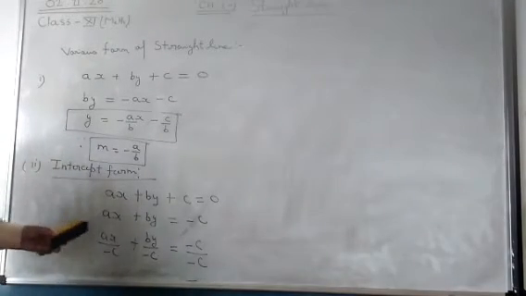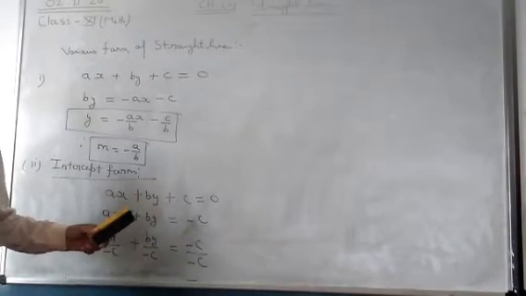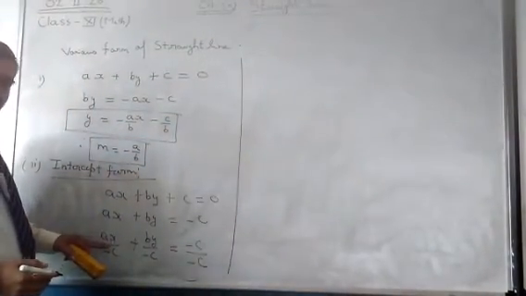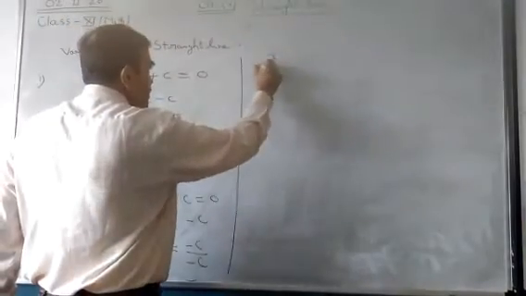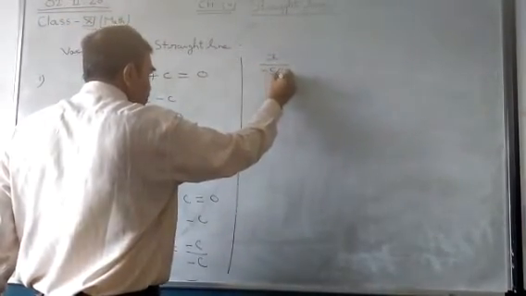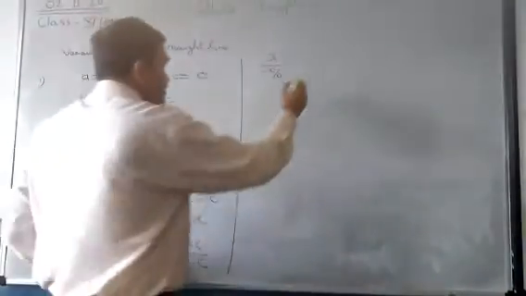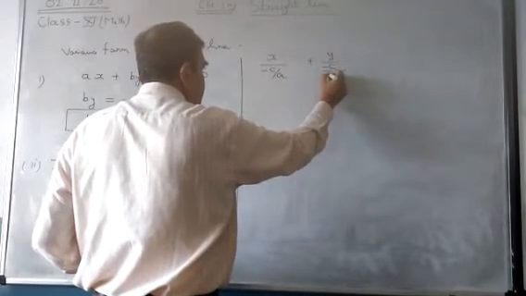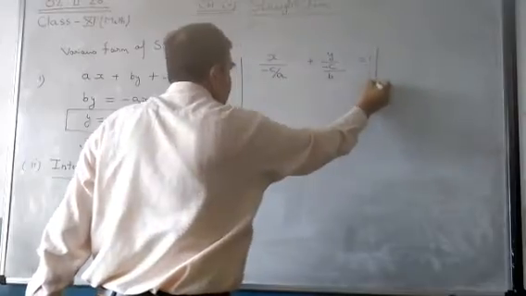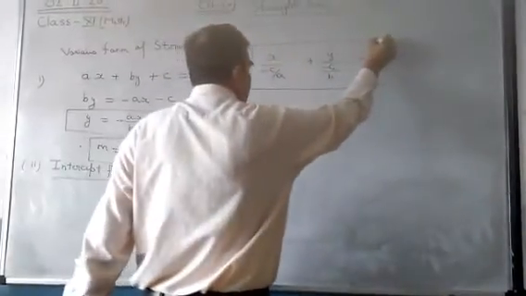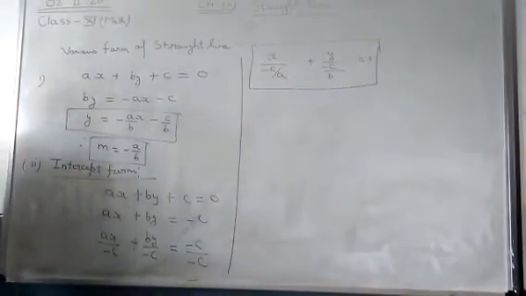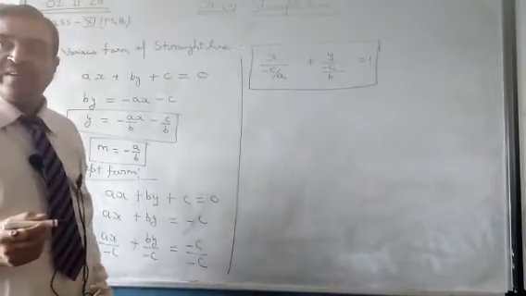First, we divided by minus c on both the sides because we need 1 on the right hand side. So this can also be written as x upon minus c upon a plus y upon minus c upon b is equal to 1. This is the intercept form of the line, like x upon a plus y upon b equals 1.